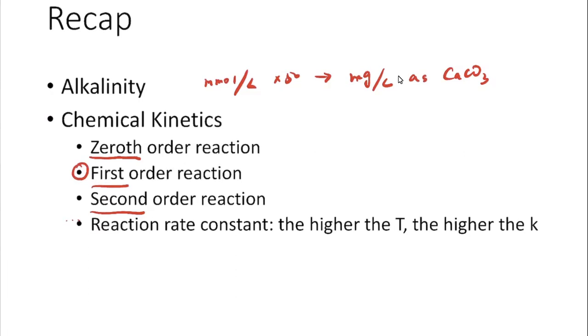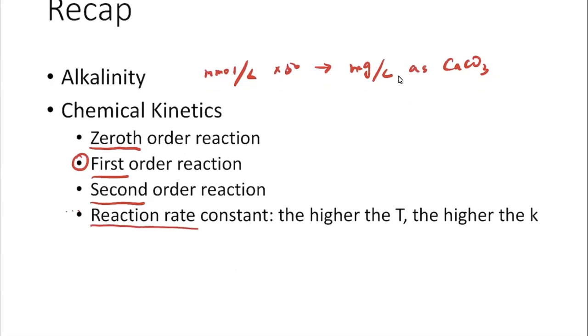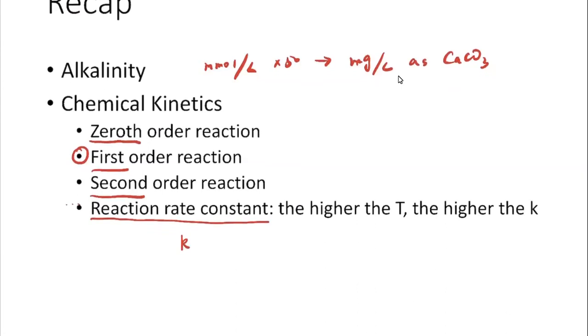So we also talked about the reaction rate constant, which is that K in there, right? The general trend is that the higher the temperature, the higher the K. So that's why we come up with an equation, which is K2 equal to K1 theta^(T2 minus T1), right?